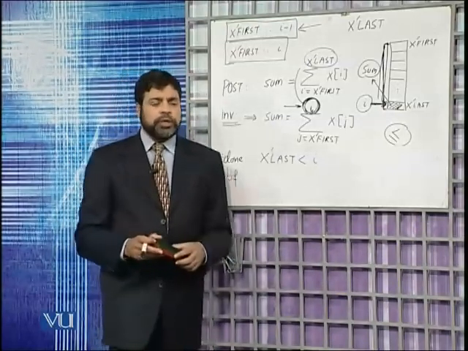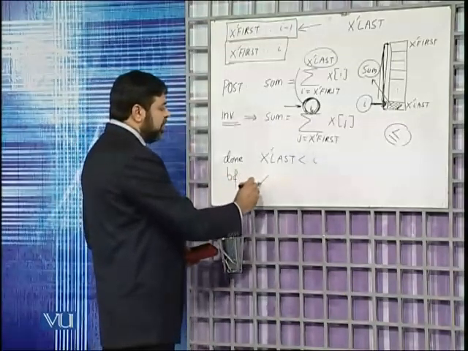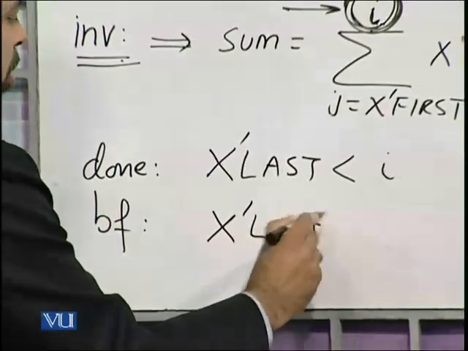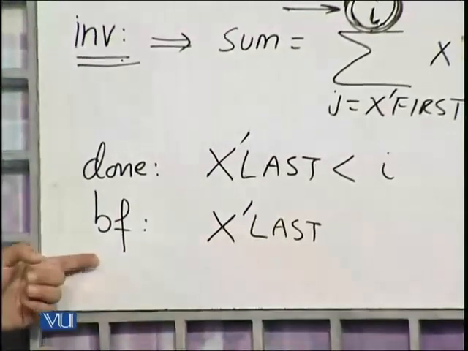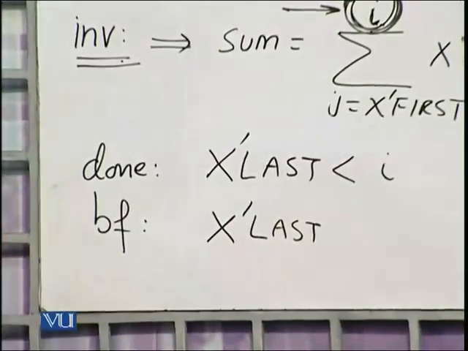So, how do we do that? The bound function can be very easily written. Remember, when the value of this bound function is less than or equal to 0, we must come out of the loop.